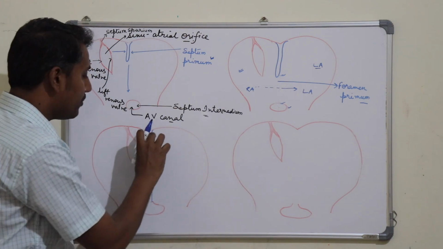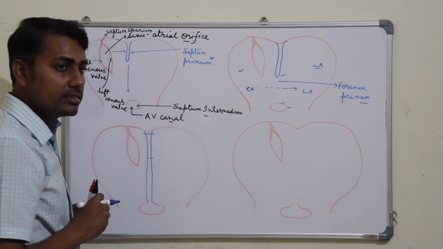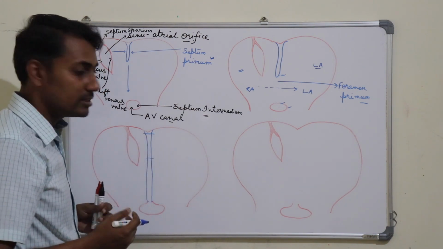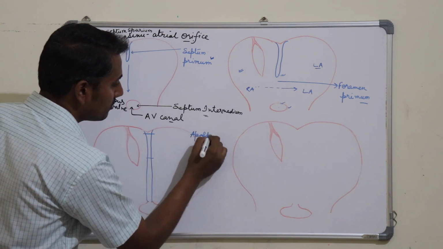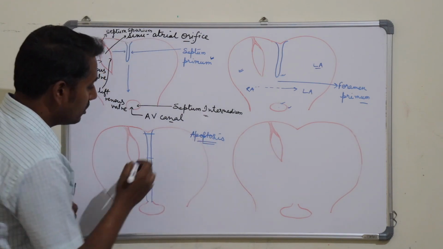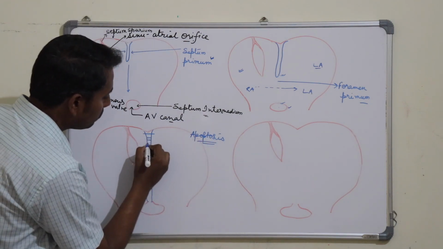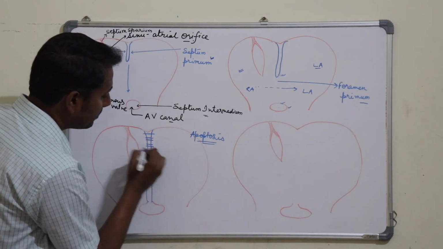Therefore, in the upper part of the septum primum here, cell death occurs, that is apoptosis occurs in the cells of the septum primum. That will lead to small perforations in this septum primum.